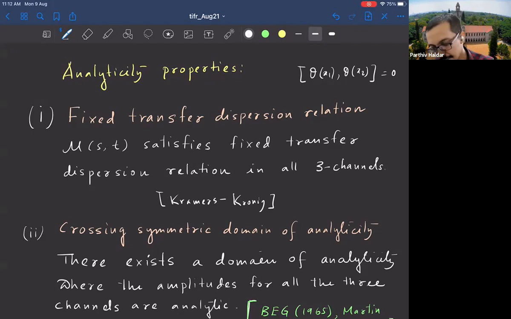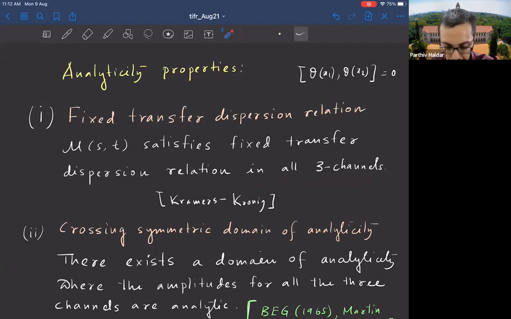And it was proved, at least for this scattering process, that is scattering of identical massive scalars, that the amplitude satisfies a fixed transfer dispersion relation in all the three channels. And this is very important, that they could prove it in all the three channels.